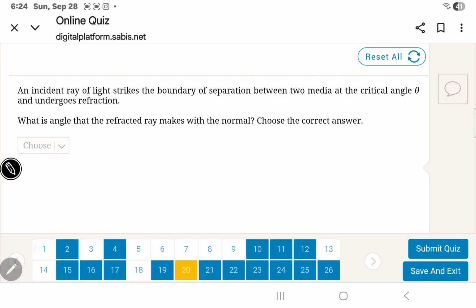Number 20 now. An incident ray of light strikes the boundary of separation between two media at the critical angle theta and undergoes refraction. What is the angle that the refracted ray makes with the normal? Okay, an incident ray of light strikes the boundary of separation between two media at the critical angle. It must go 90 degrees.